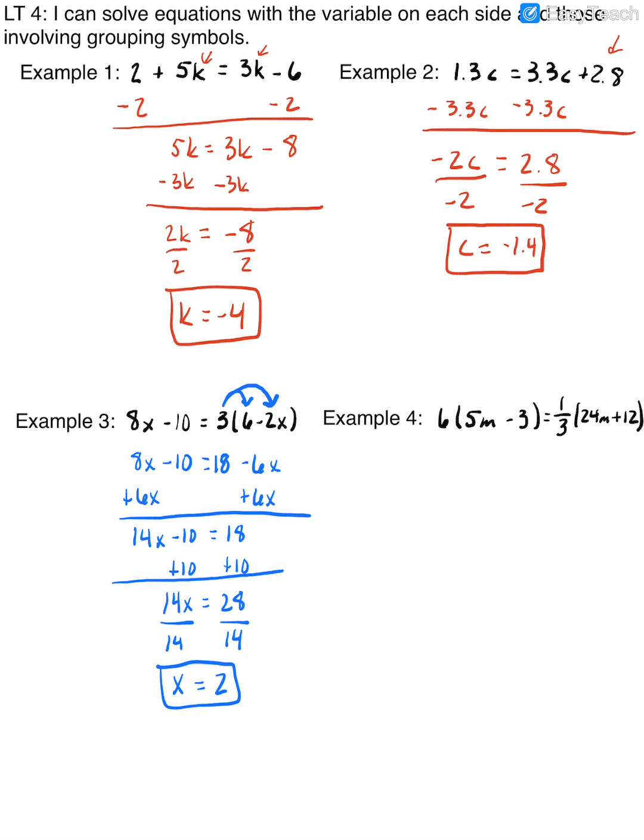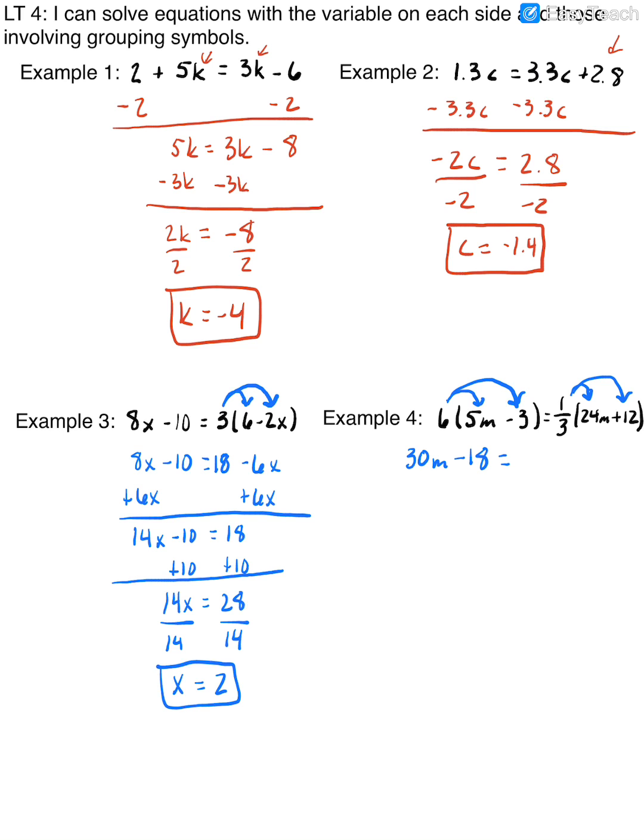Okay. Now, example 4 is a little bit of a step up from example 3. You have 2 parentheses, so that means you have to distribute for both of them. First I'm going to take the 6 and multiply it by the 5m, which gives me 30m. 6 times negative 3 gets me negative 18.